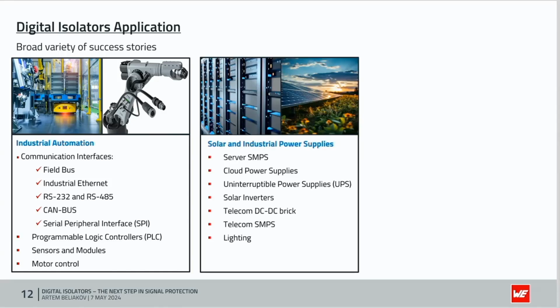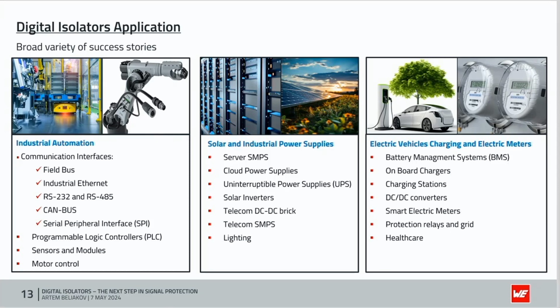Second application is different types of power supplies. For example, power supplies for server, for telecom, for solar, for lighting, and so on. And last but not least, the big application is for smart electric meters and for chargers of electric vehicles.